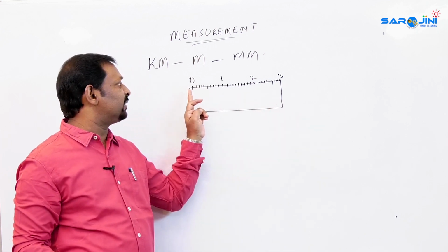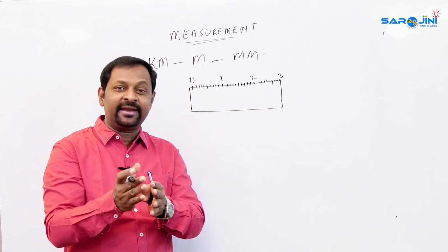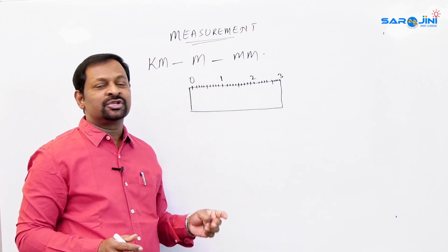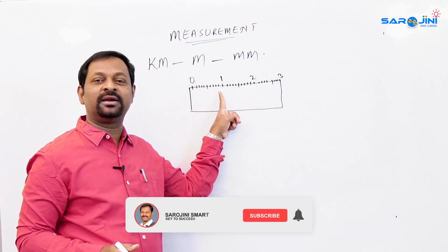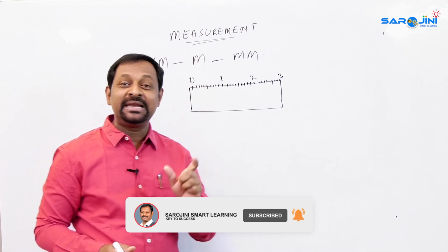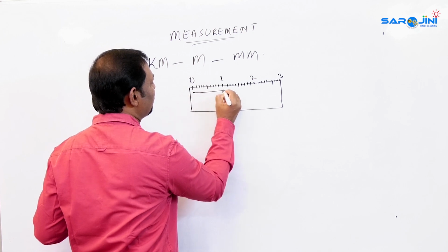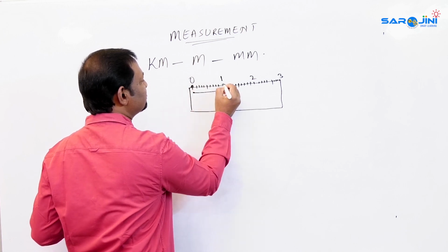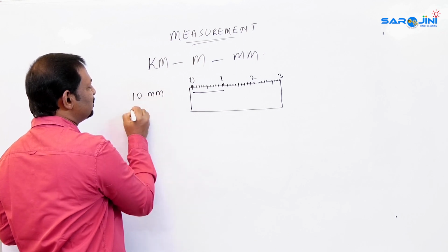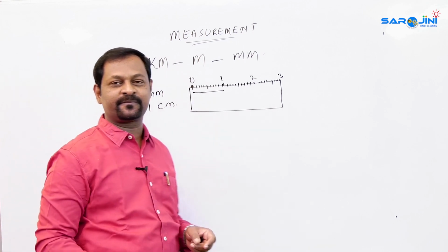Between 0 and 1, between 1 and 2, and 2 and 3, there are 10 equal parts divided and kept. These 10 points are nothing but millimeters. So from this point to this point, or this point to this point, is called 1 millimeter. 10 millimeters is nothing but 1 centimeter.